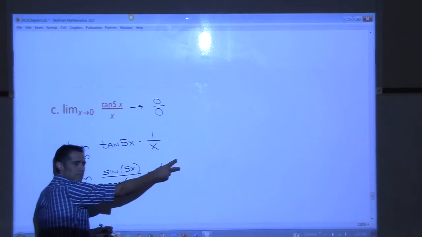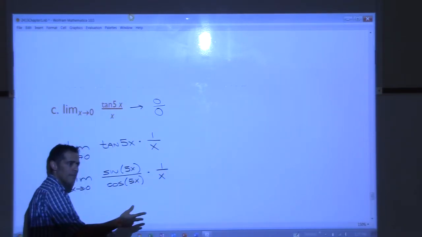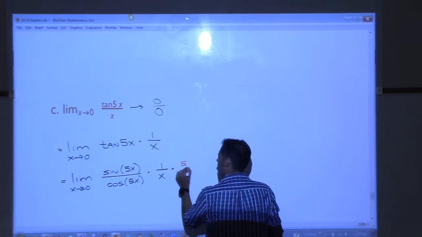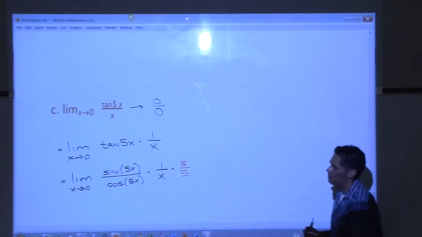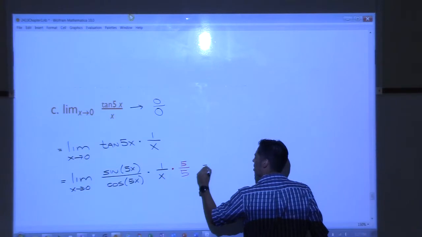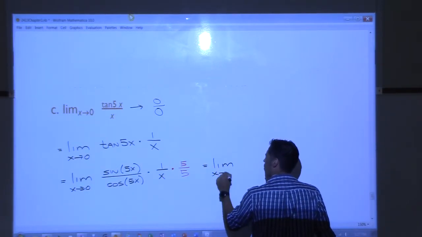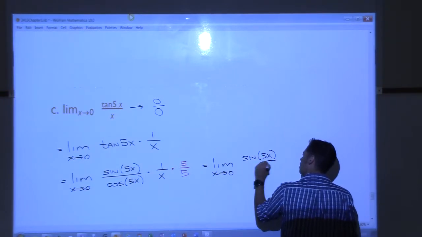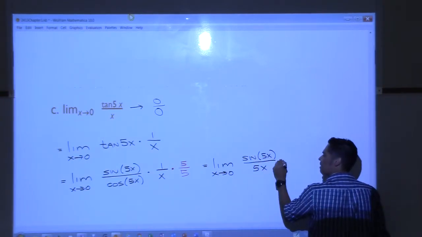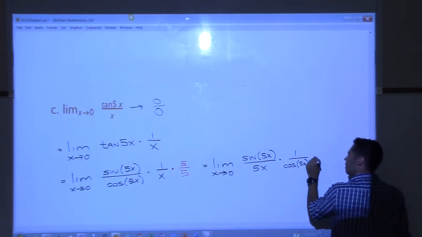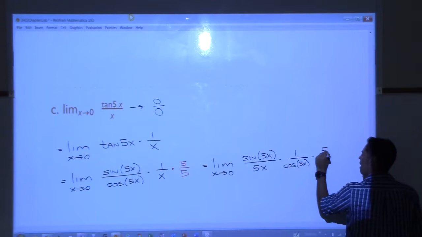I'm going to introduce something over here. 5 over 5. All right, now I'm going to rewrite the problem. I'm just going to rewrite everything. This becomes limit x approaches 0. Watch this. Sine 5x over 5x times 1 over cosine 5x times 5 over 1.